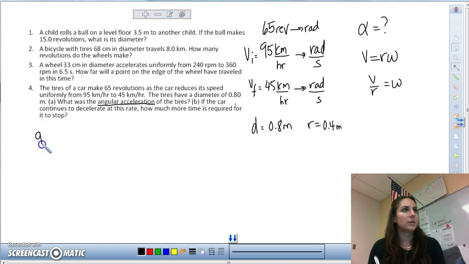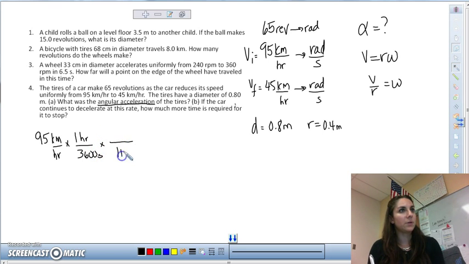So let's convert these to meters per second, and then we can put it into radians. So 95 kilometers per hour times, in 1 hour, there's 3,600 seconds, and in 1 kilometer, there's 1,000 meters. I'm just going to do this as one big step.